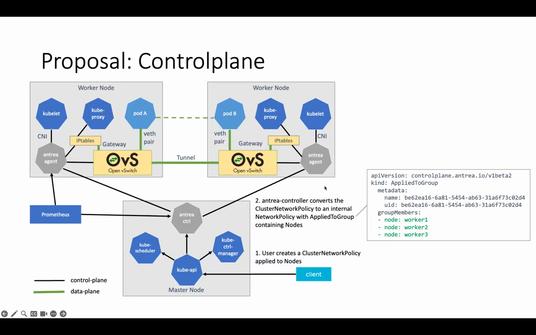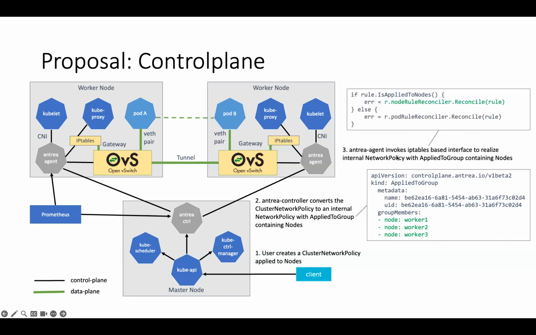Then in the Antrea agent, if it sees that the network policy rule is applied to nodes instead of pods, it will invoke another data plane interface to realize this network policy rule.